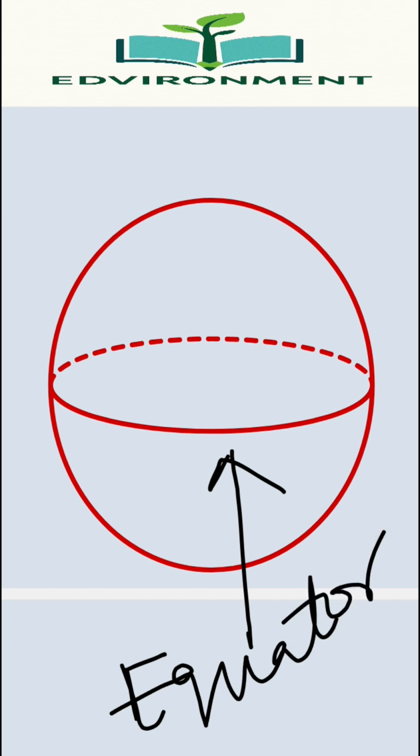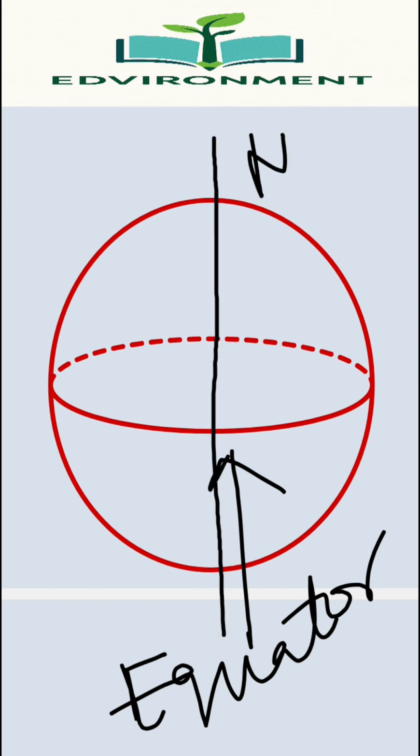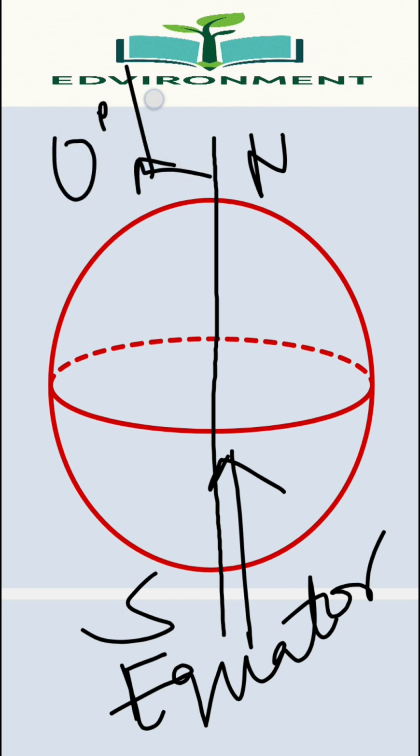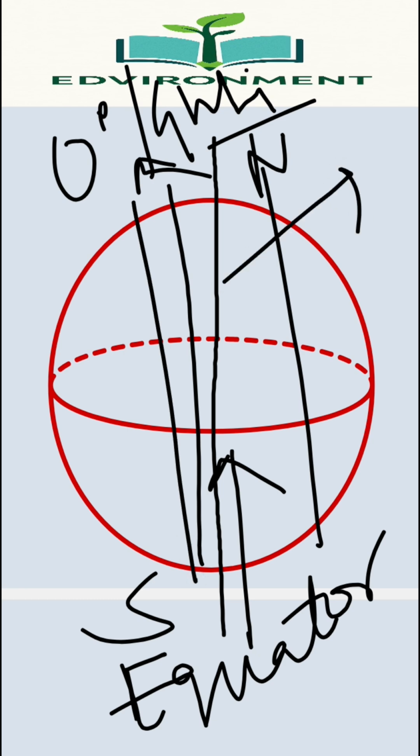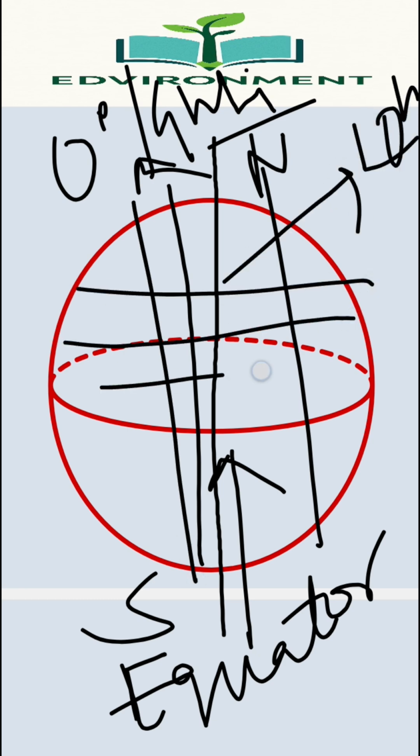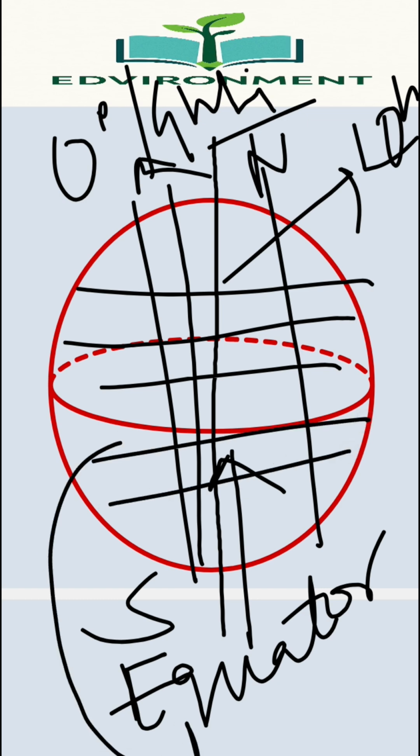Now if I draw one more vertical line from the north to south, it will become 0 degrees, or the Greenwich line. All these vertical lines are longitudes and all the horizontal lines are latitudes.